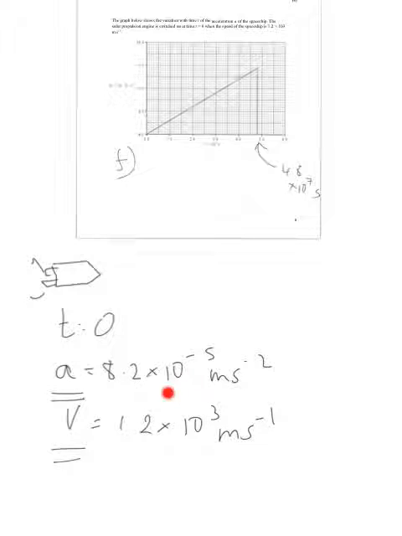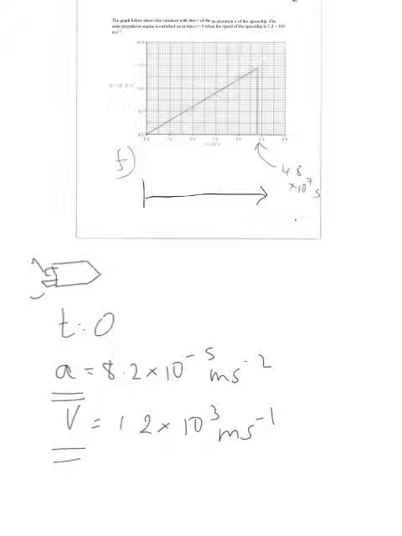So you're starting off at this speed, and your speed is increasing due to this acceleration. So it's not increasing linearly, it's continuously increasing because of this acceleration change, which happens between time equals 0 all the way through to time equals 4.8 times 10 to the 7, obviously.